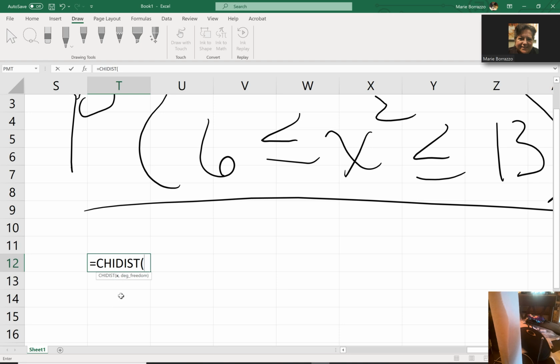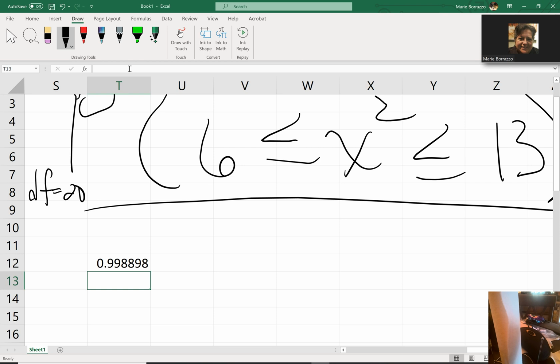Let's say the degrees of freedom, hypothetically, we'll use 20 for all of these, whatever degrees of freedom they give you. I'm going to start with x, which is 6, comma, and then the degrees of freedom, which is 20, and I'll get my first answer.